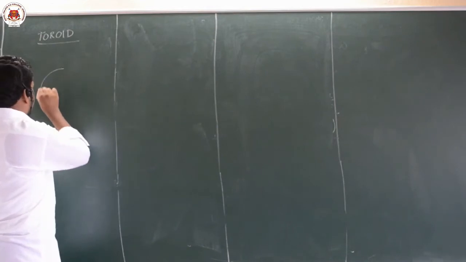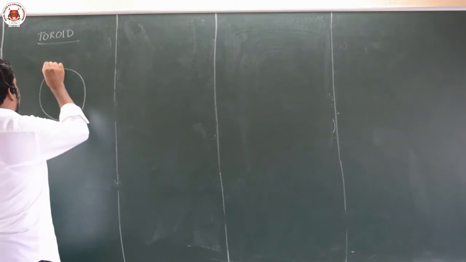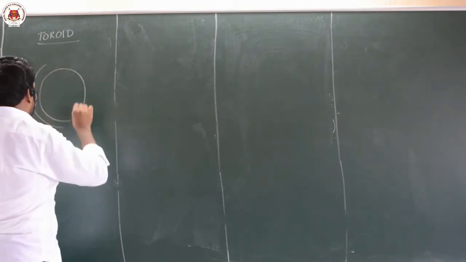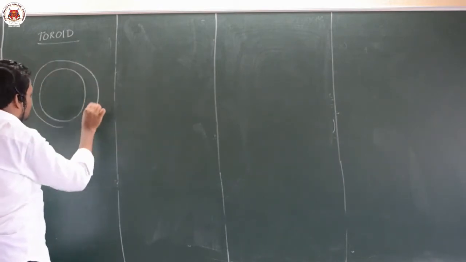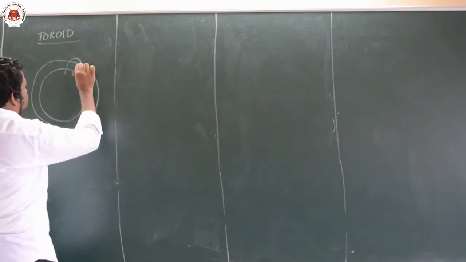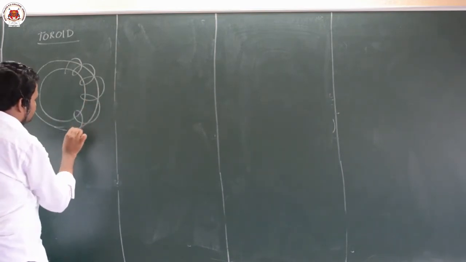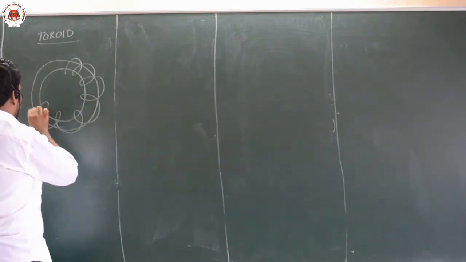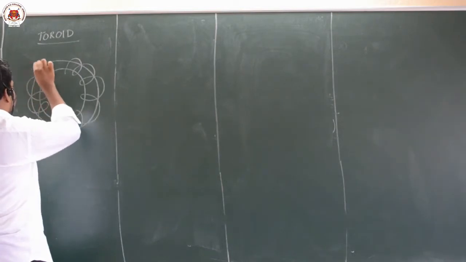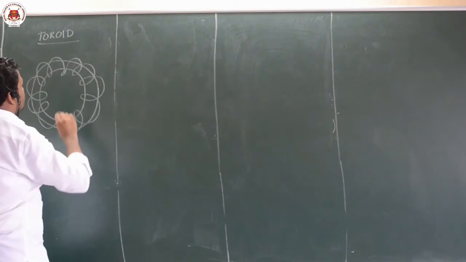A circular ring, there is a circular ring like this. The wire is wound around the circular ring, like this.